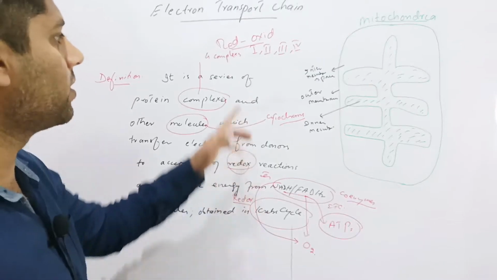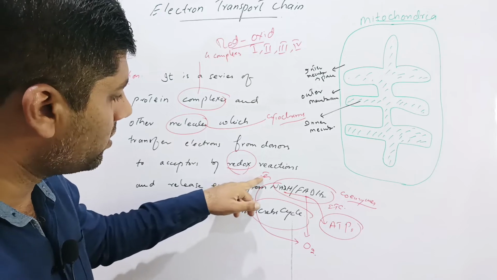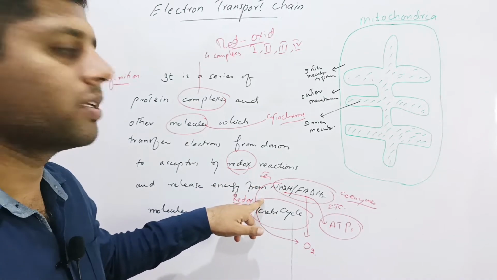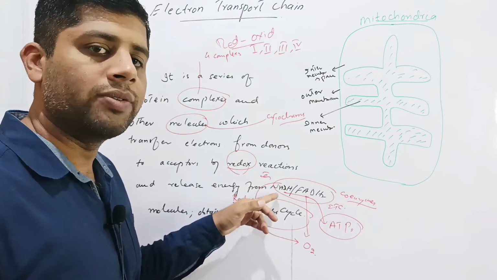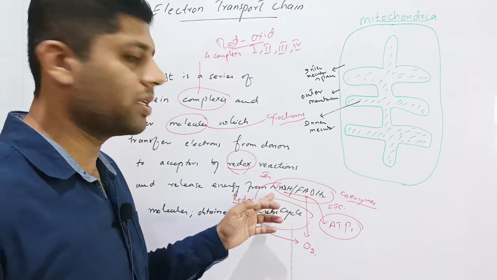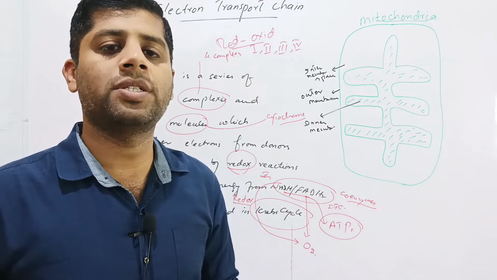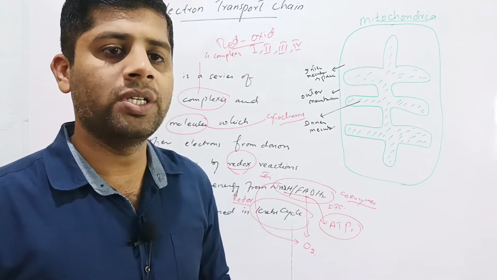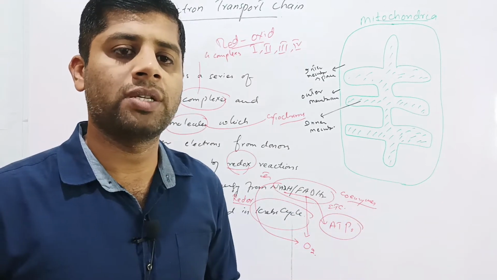During this redox reaction, when the electrons are obtained by the electron carrier, this constitutes a reduction reaction. And when these electrons are delivered to the next carrier, the same carrier is oxidized. So at each step, oxidation and reduction take place, which releases a huge amount of energy, which is coupled by ADP and a phosphate group to synthesize ATP molecules.